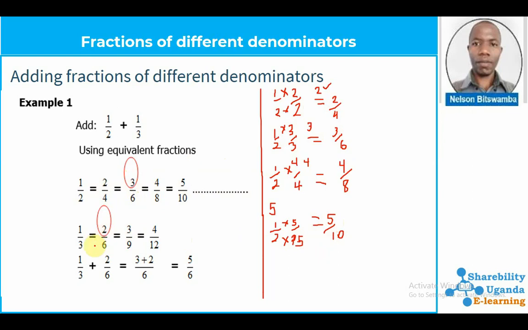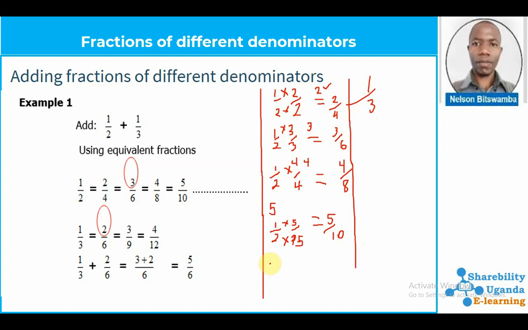Let's also look at how we can get the equivalent fractions of this. Here we have 1 out of 3. Let us separate this from the others.